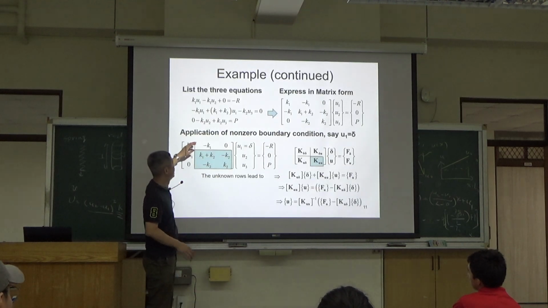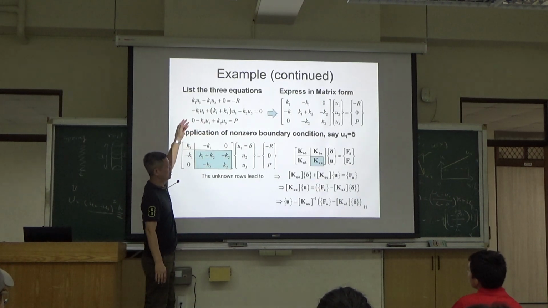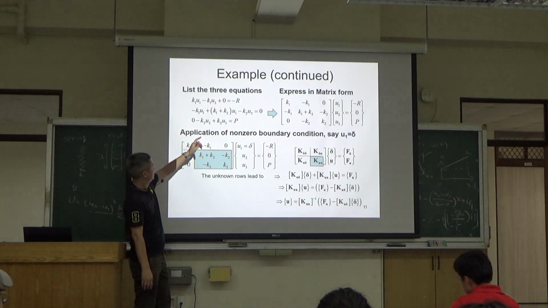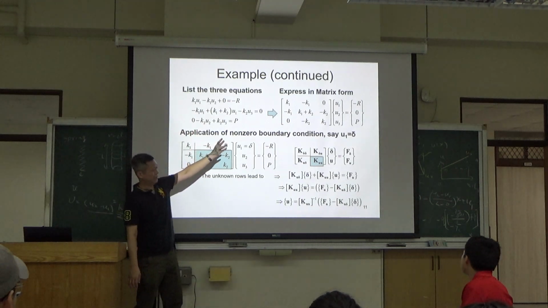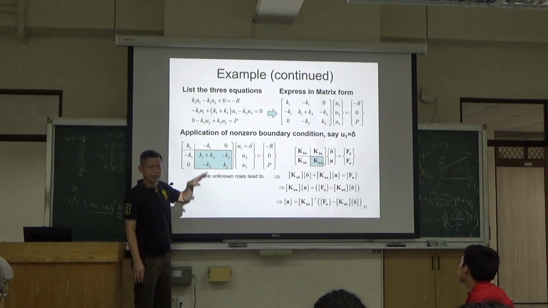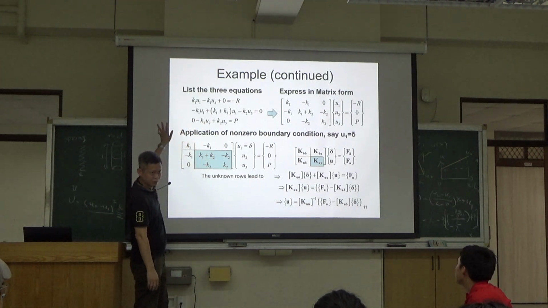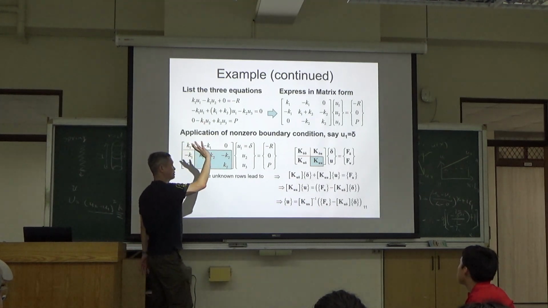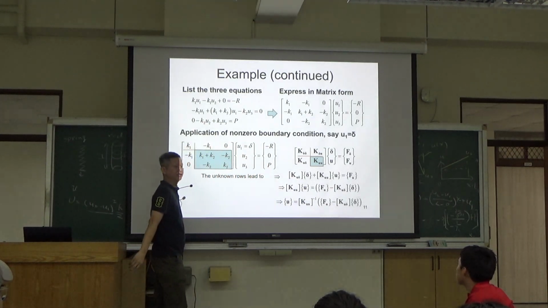So with this, then you can re-express the three equations into matrix form. Before we do this, what we have to do is let's put all the spring forces on the left hand side and all the external force on the right hand side.